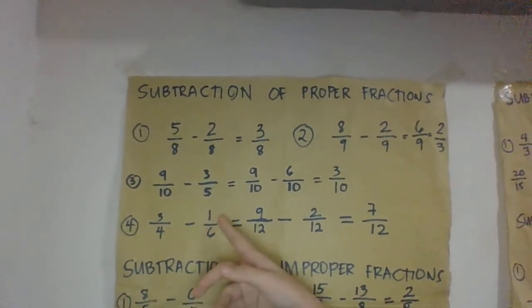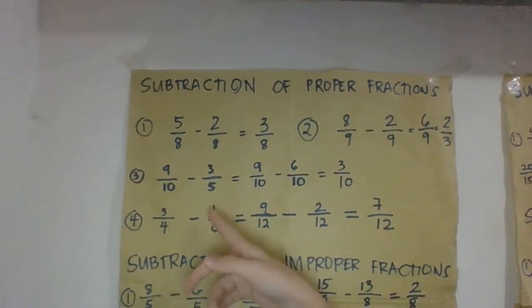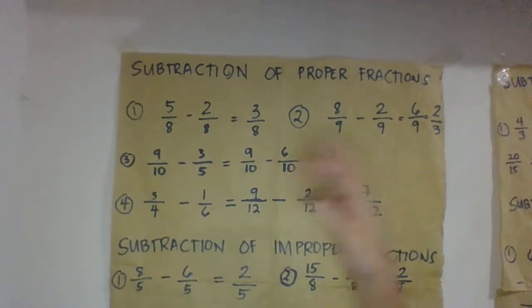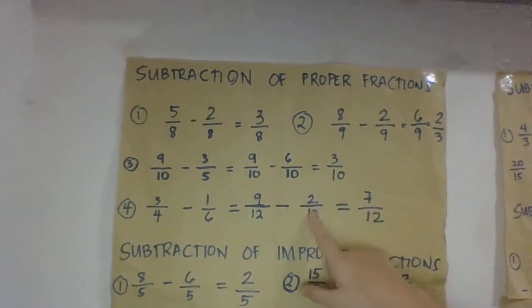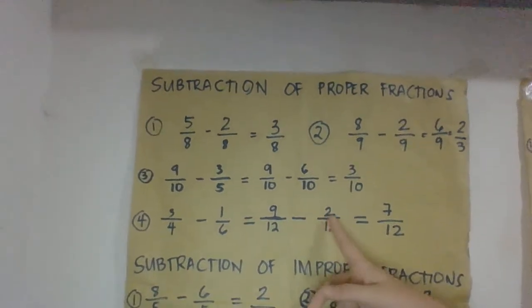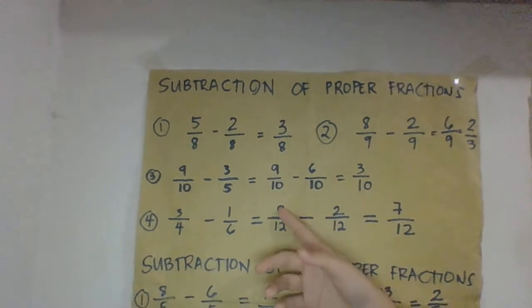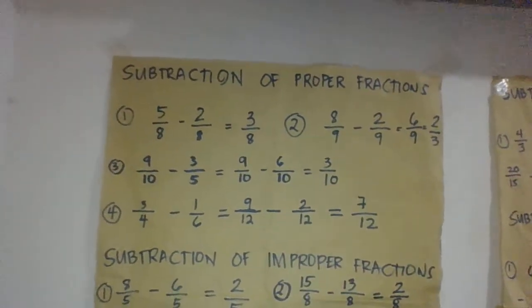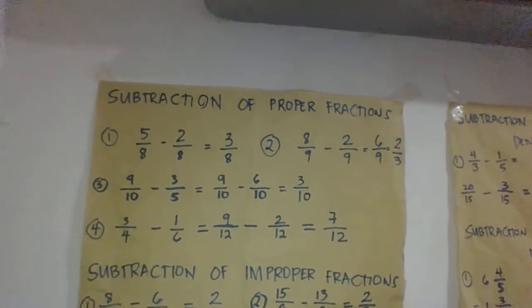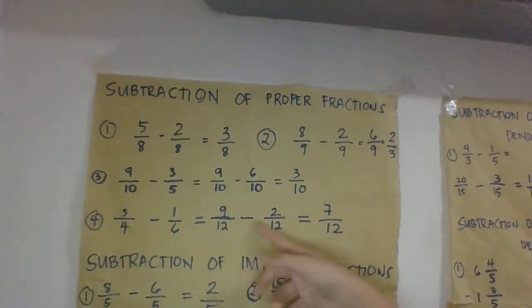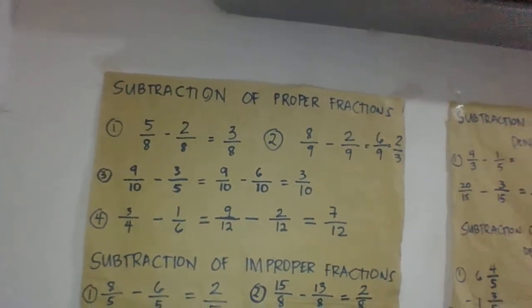So we also need to times this by 2, I mean 1 times 2 equals 2. So we can already subtract. 9 minus 2 equals 7 and 12. We can just copy the denominator.